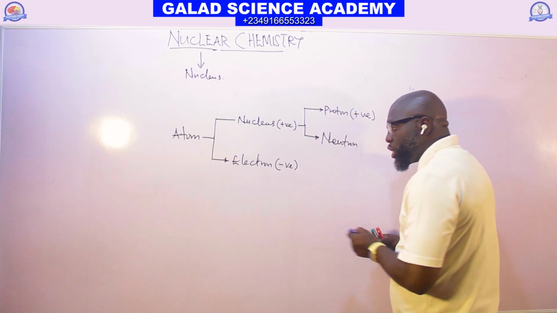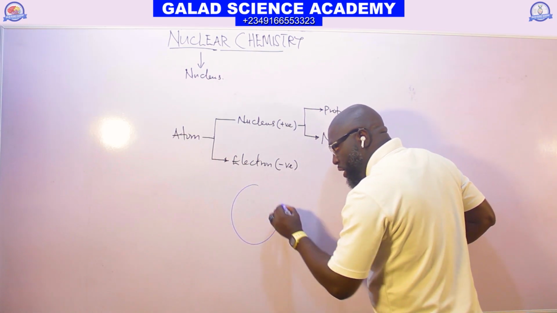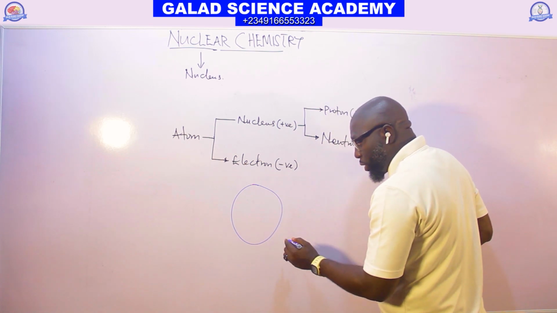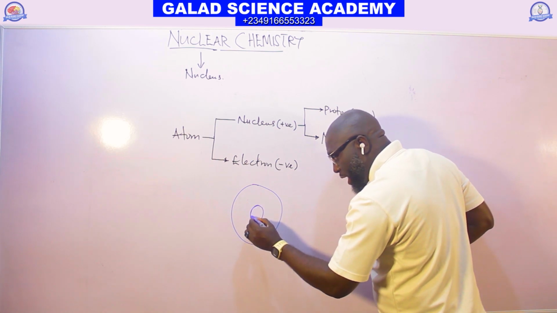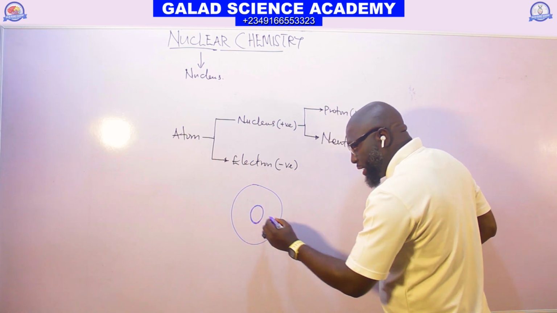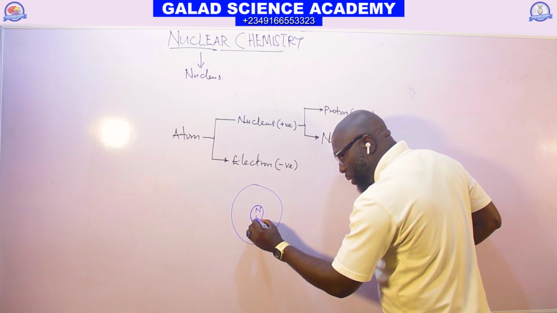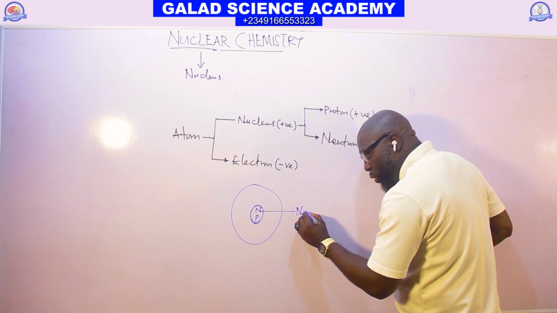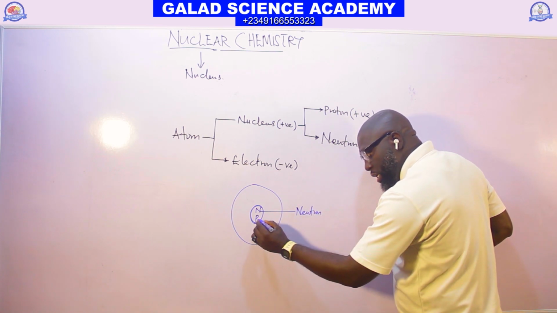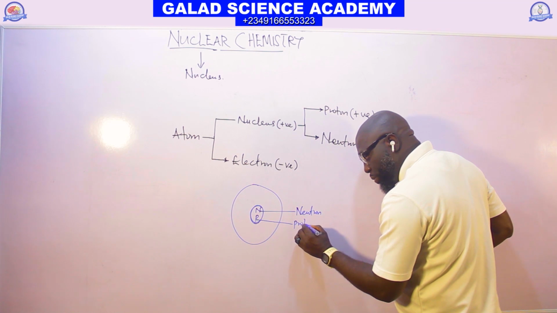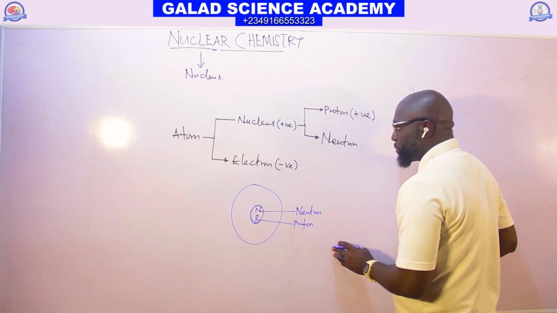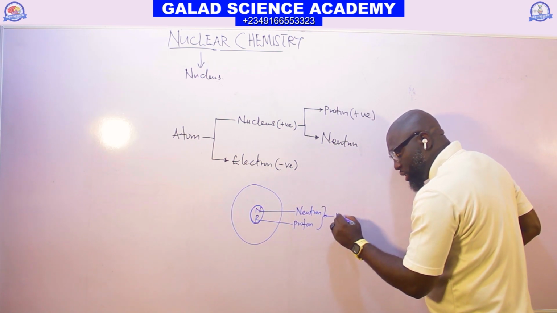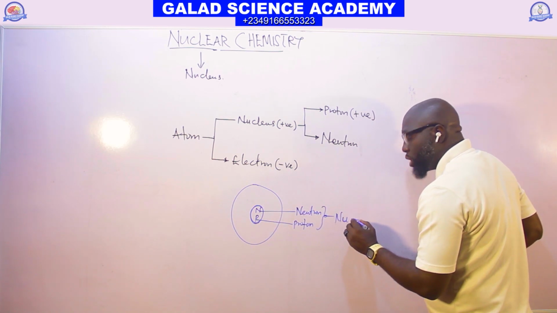If you draw the structure of the atom, a partially spherical picture, in the middle here, this N stands for neutron and this P stands for proton. The combination of proton and neutron is called the nucleus.